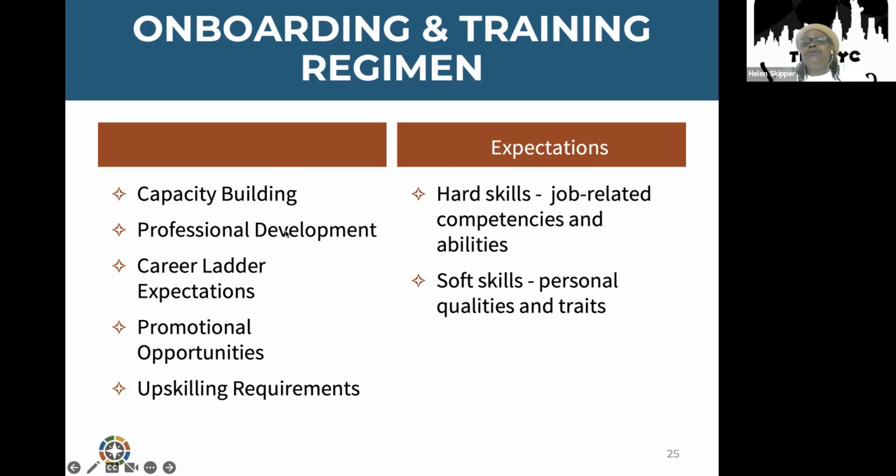You want to again look at those hard skills, which are job-related competencies and abilities. And you want to look at the soft skills, and you want to think about how to build upon those. You want to think about what you want coming in the door, and how can you build upon them through your onboarding and training regimen.